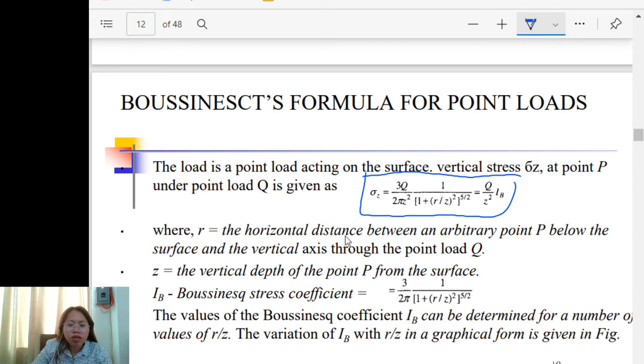Where R is the horizontal distance between an arbitrary point below the surface and the vertical axis through the point load Q. Z is the vertical depth of the point P from the surface. I sub B is the Boussinesq stress coefficient equal to this one.